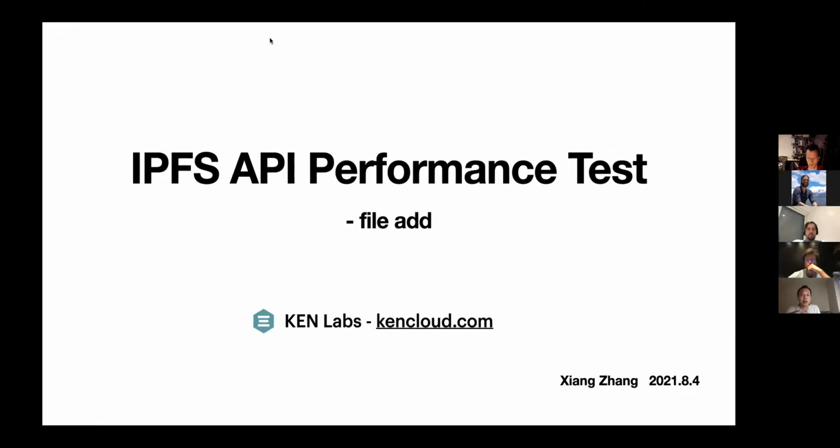We run the add operation with different file sizes and illustrate the trend of the different indicators or measurements. For example, the response time and the transactions per hour, and the CPU and memory usage. So this is the plan.